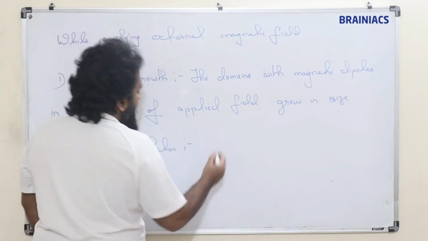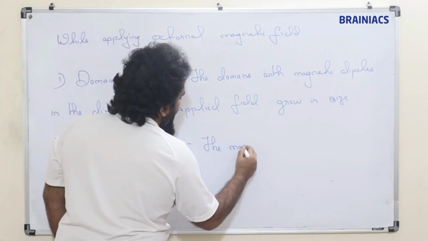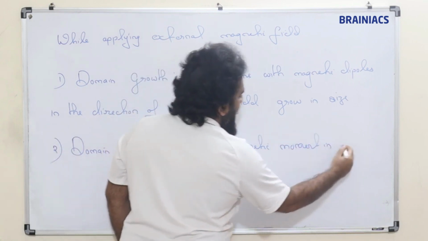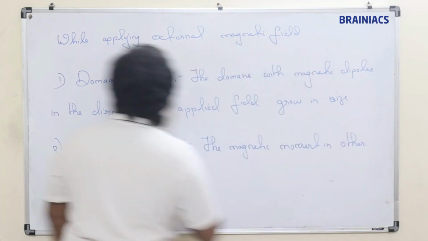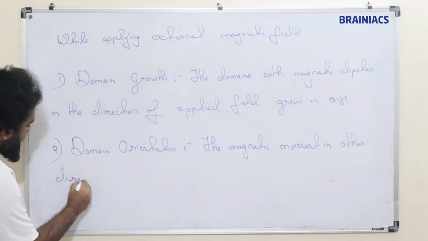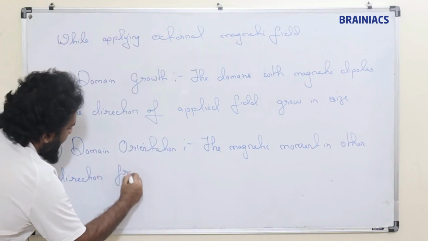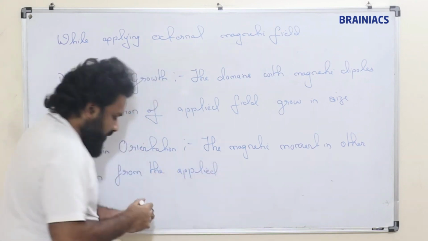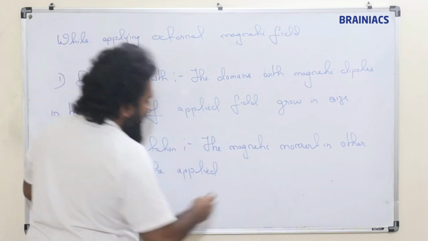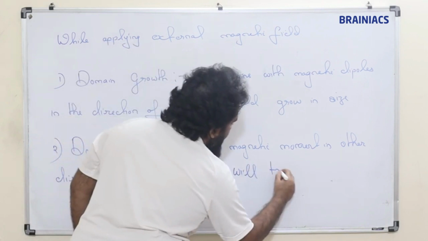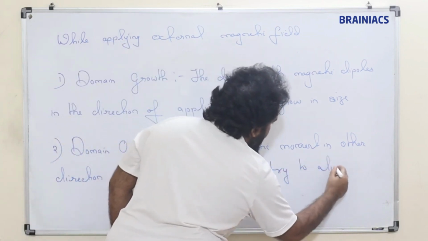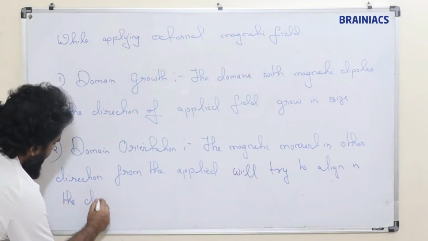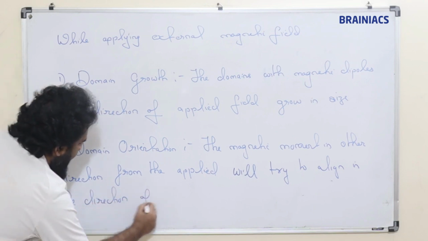This is nothing but the magnetic moments in directions other than the applied field will try to orient or align in the direction of the applied magnetic field.